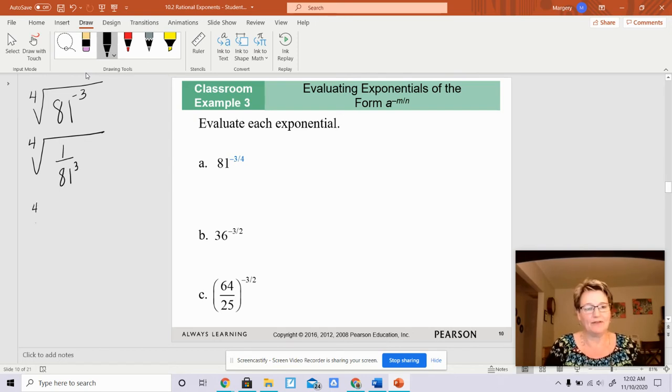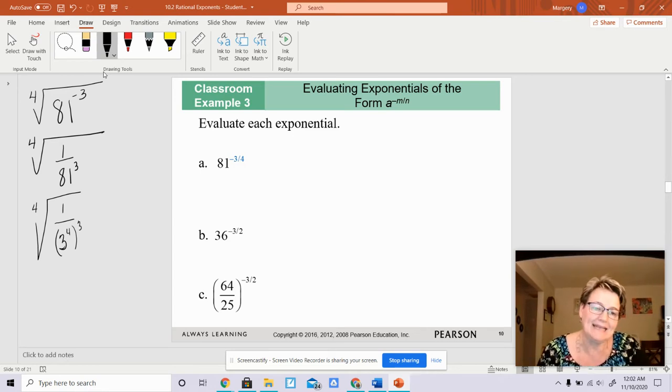Now you would have the fourth root of 1 over, now I'm going to make that 3 to the fourth power, which is the same thing as 81, exact same thing.